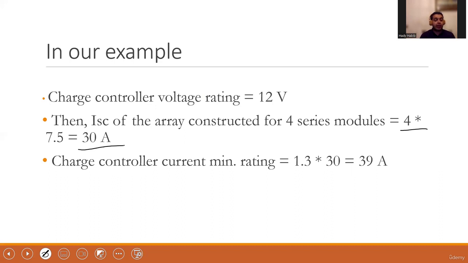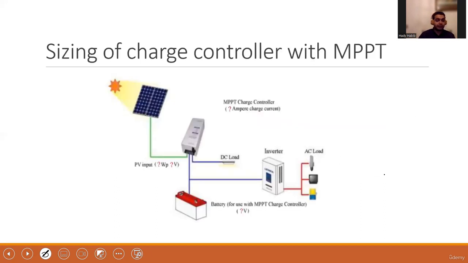Then we are going to have the rating of the charge controller, 1.3, and usually this 30% increase is a safety factor, multiplied by 30, the I short circuit of the PV array. It will be 39 ampere. Then we go and buy a 12 volt, 39 ampere charge controller from the market.